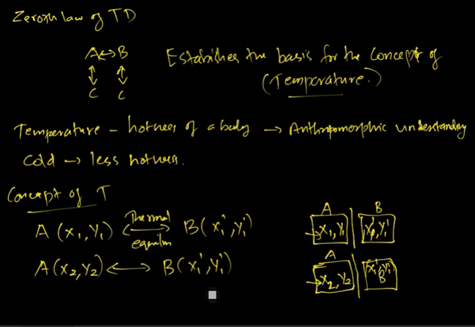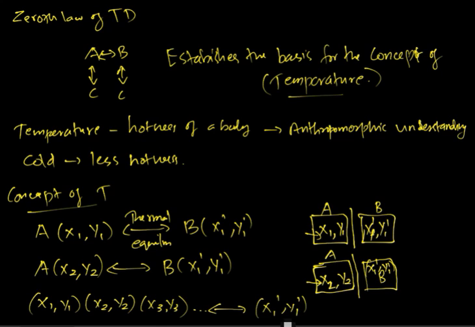Then the experiment shows that there exists a set of states x1 y1, x2 y2, x3 y3 and so on, which are in thermal equilibrium with x1 prime y1 prime of B, and all of which by the zeroth law are in thermal equilibrium with one another.